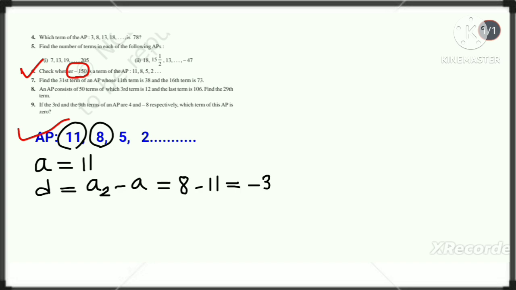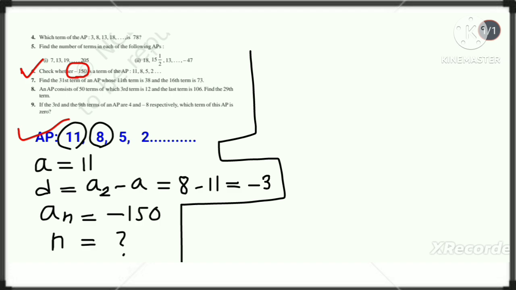Now let's assume AN, that is the last term, is minus 150. Let's find N, or the number of terms, and we have a formula.